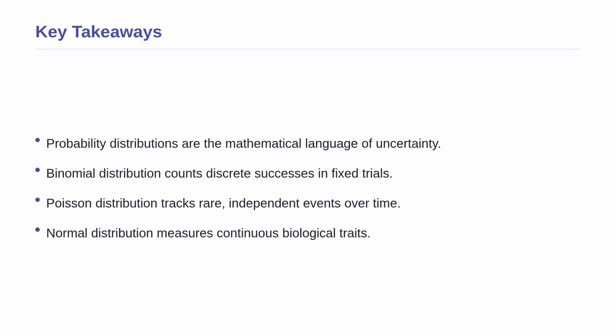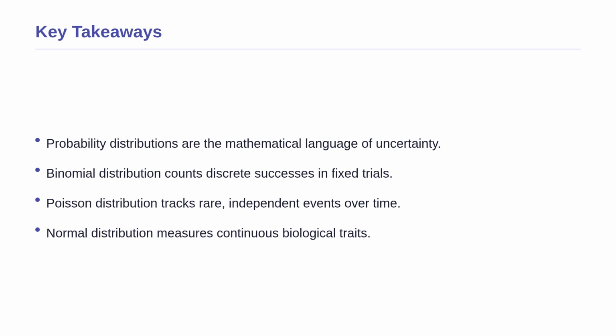We have covered a lot of ground today, so let us summarize the most important ideas. Probability distributions are truly the mathematical language of uncertainty, allowing us to make confident scientific decisions. Remember that the binomial distribution is your tool for counting discrete successes in a fixed number of trials.